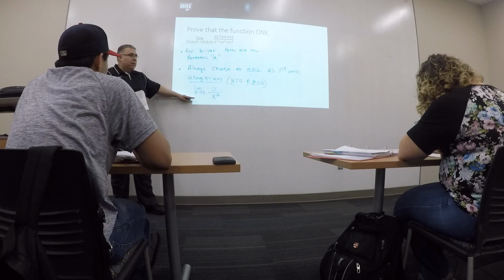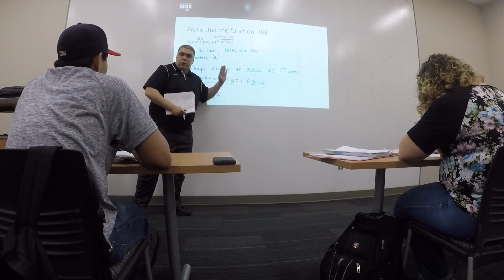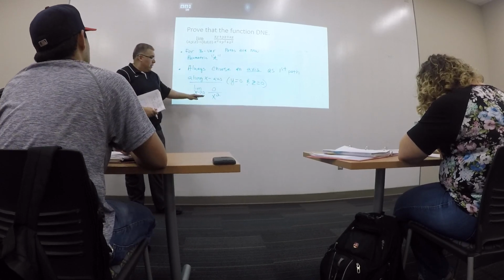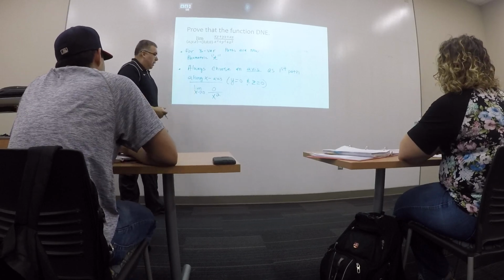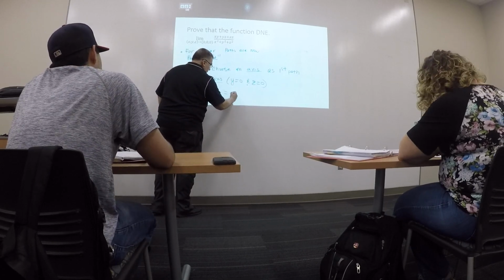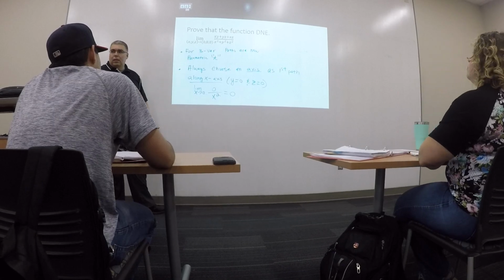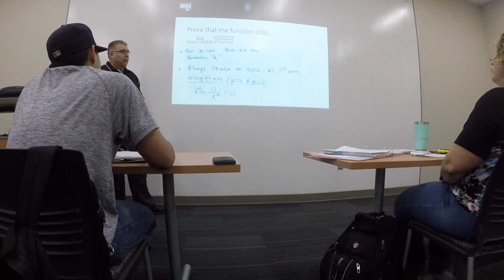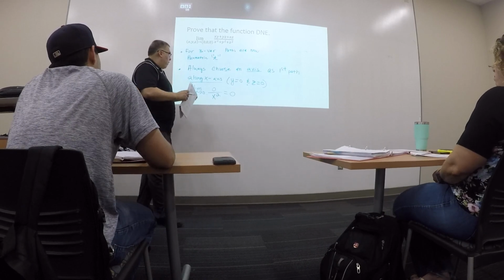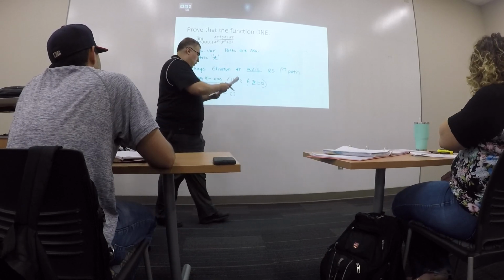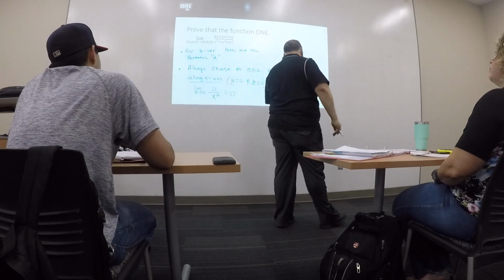I haven't applied the limit yet. All I did was plug in y equals 0, z equals 0. I don't have to apply the limit because 0 divided by x squared is 0. Simple as that. So I got the first path. Now that's what you do next.